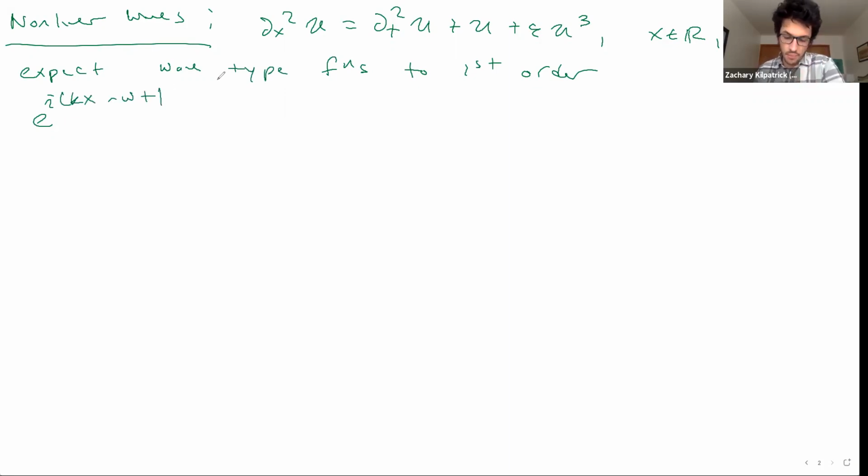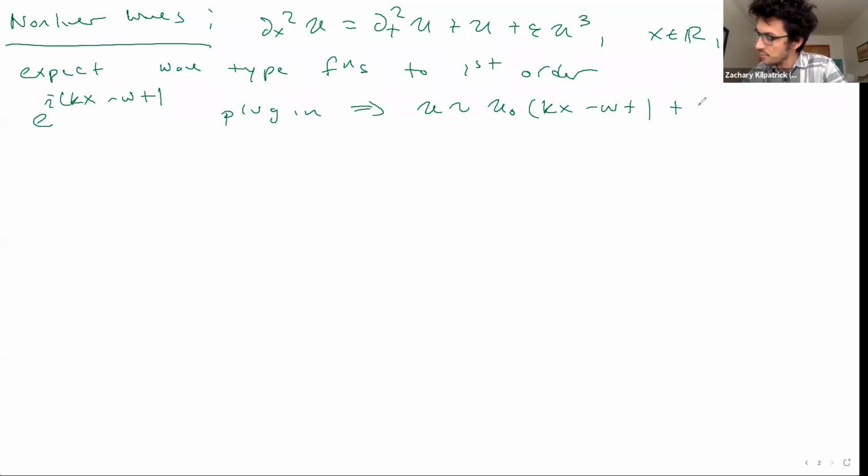And if you plug this in, then you find that to leading order you get u is u0 (kx minus omega t) plus some epsilon u1, and so on.